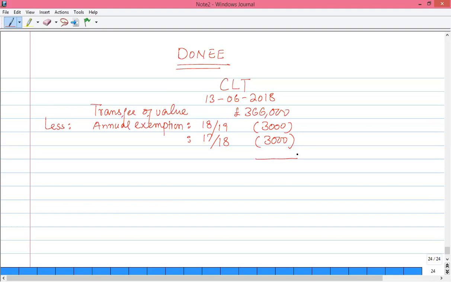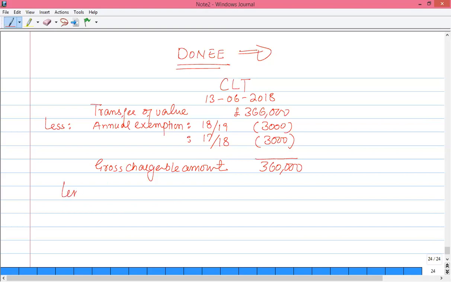If we deduct this amount, we get 360,000. Now, who is paying the tax? That is the donee. So this is the gross chargeable amount of 360,000.